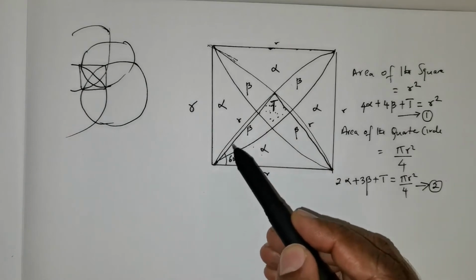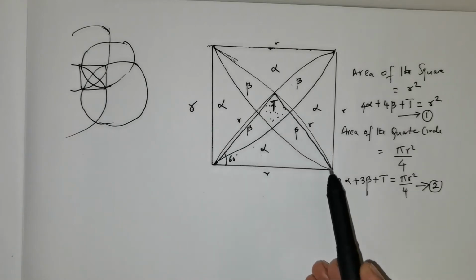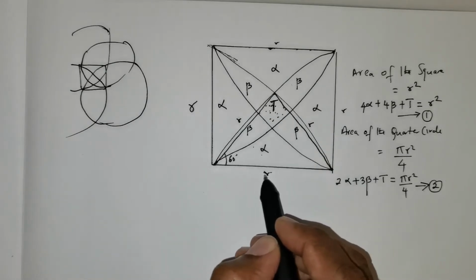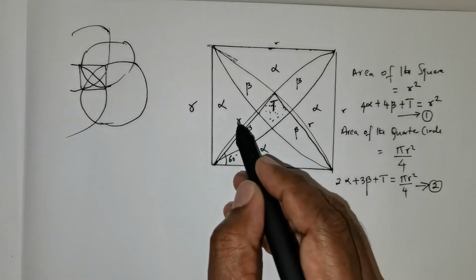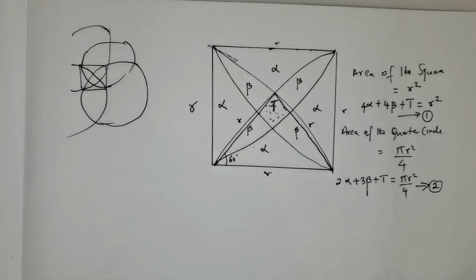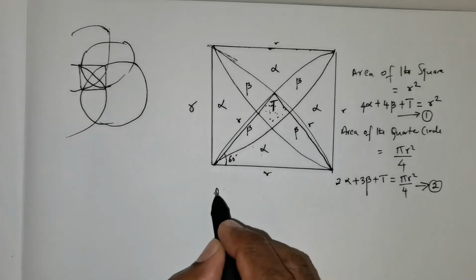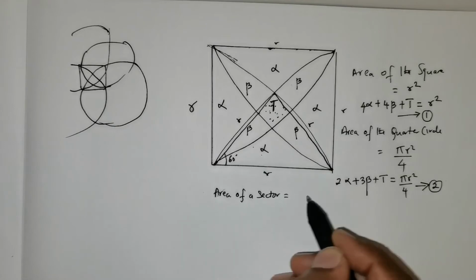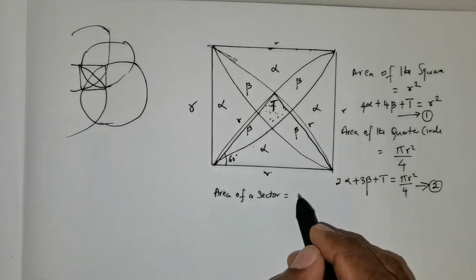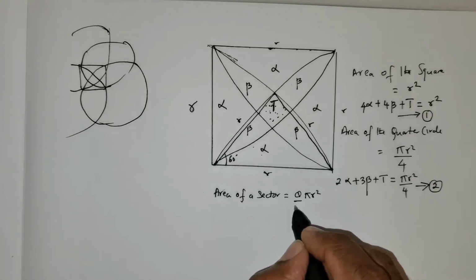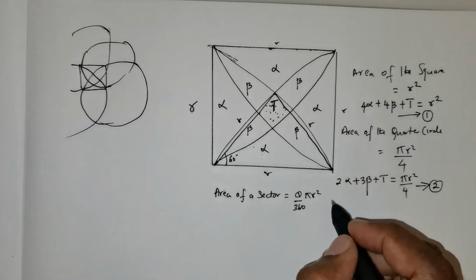Now clearly, if you were to see this part along with the circle there, the edges r and the other edge r connecting to the circle, we see that it is a sector. Now we know the area of a sector is given by the formula theta times pi r squared over 360.